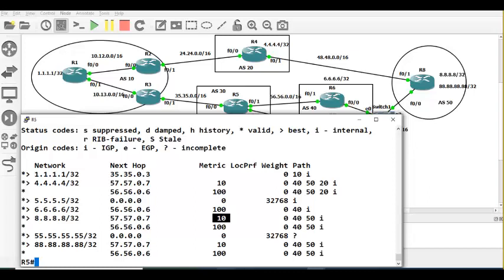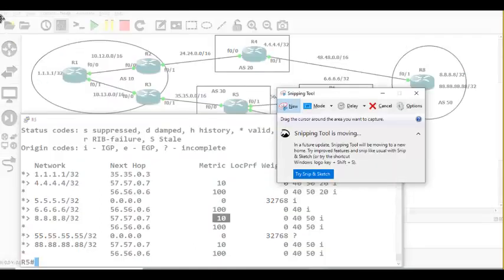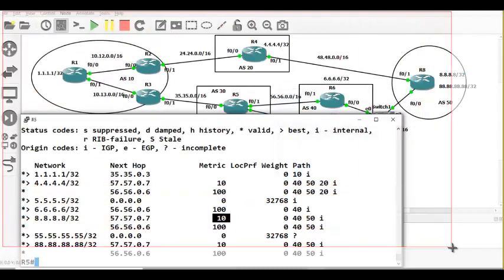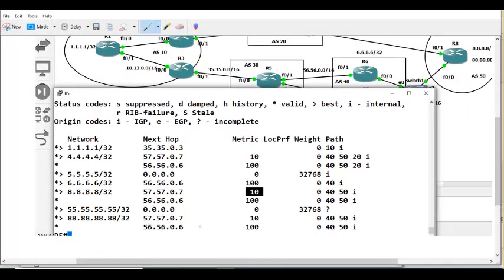Why is it not deciding based on any other attribute? The reason is, if it goes via 6 or 7, the weight is the same. And there is no local preference because it is BGP.